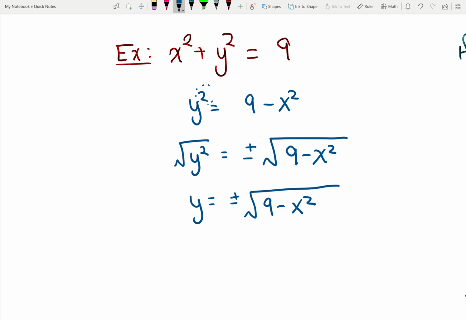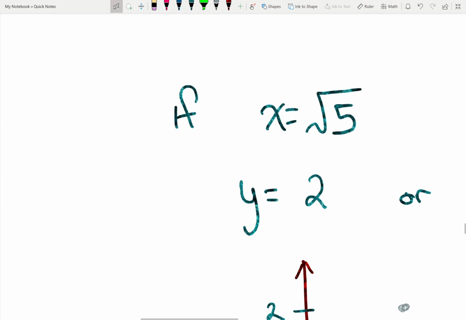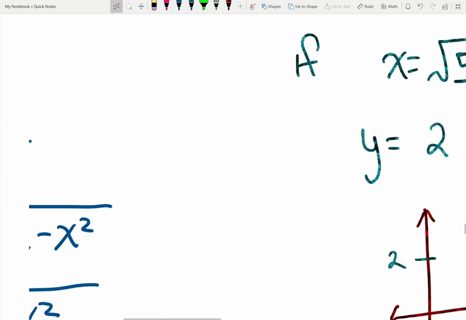In order for an expression to be a function, it has to clear the vertical line test, meaning one x value can't go to two y values. So let's pretend we're plugging in x equals square root of 5. Maybe I should rewrite this.